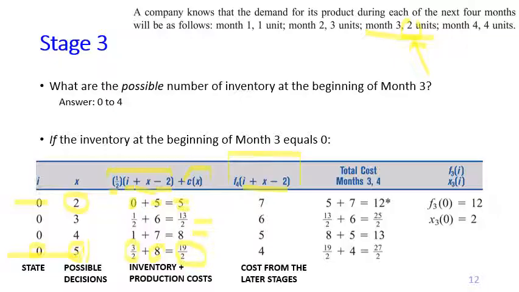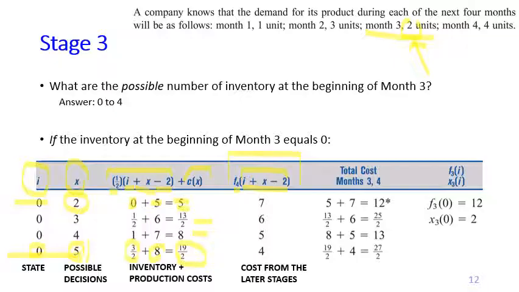It equals I, the beginning inventory of stage 3, plus X, how many we produce at this period, minus 2, the demand of this period. So F4, and then in the bracket I plus X minus 2, is the cost of stage 4 when the beginning inventory of stage 4 equals I plus X minus 2.